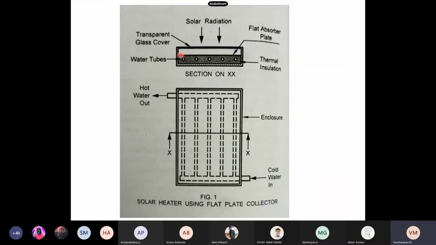The solar radiation is absorbed here, and we have the flat absorber plate, and water tubes are inserted, and we have the thermal insulation over the water tubes, and the cold water inlet is provided here, and at the hot water outlet we can obtain the hot water. And this is the sectional view of the solar water heater.